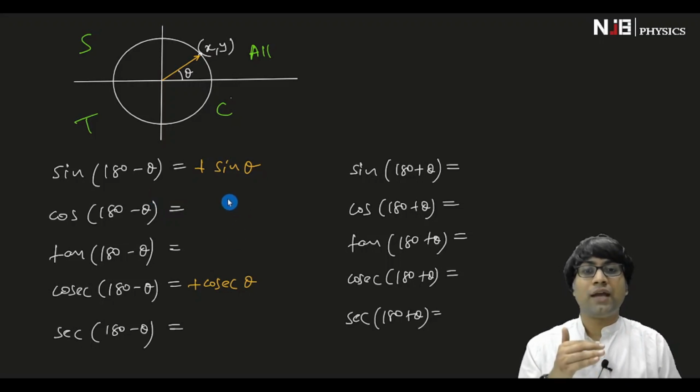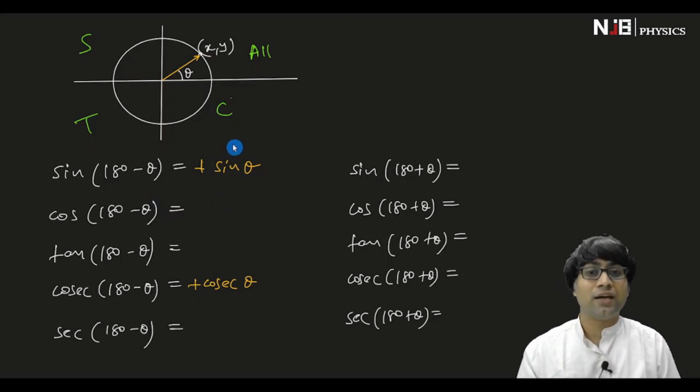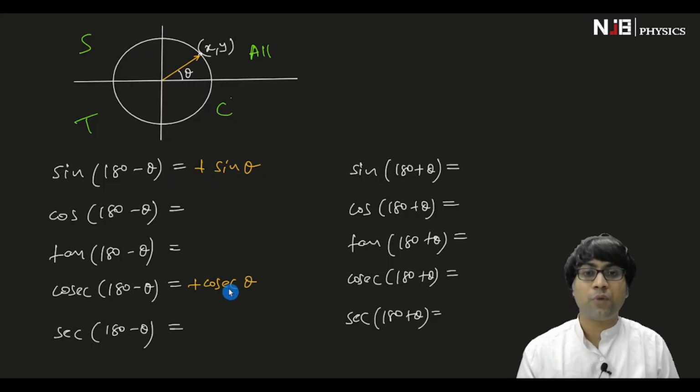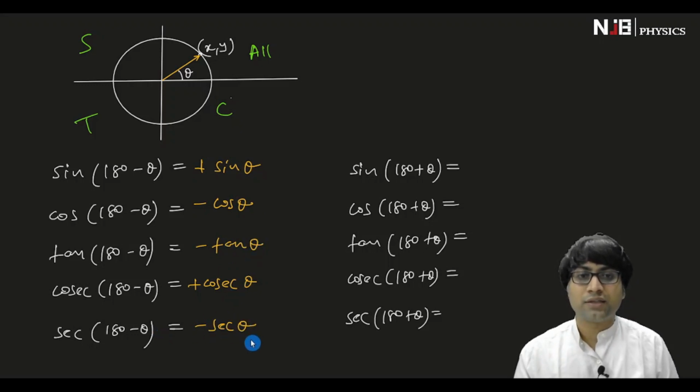We just need to look at the sign in accordance with the All Students Take Care rule. So applying that rule in case of 180 minus theta, we have already seen that it is in the second quadrant. Only these two ratios are going to be positive, all the other ratios are going to be negative. So cos of 180 minus theta will be negative cos theta, tan of 180 minus theta will be negative tan theta, sec of 180 minus theta will be negative sec theta.